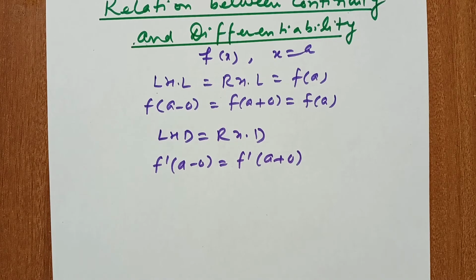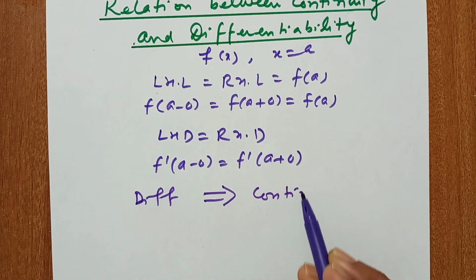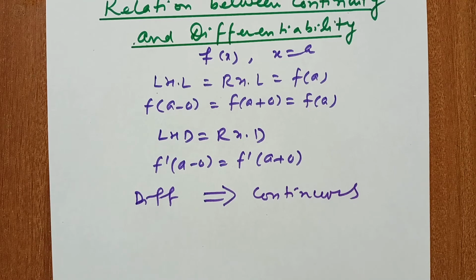This is very important: every differentiable function is continuous. It means if a function is differentiable, then surely it is continuous. But the converse is not always true. If a function is continuous, it may or may not be differentiable. This is a very important result.